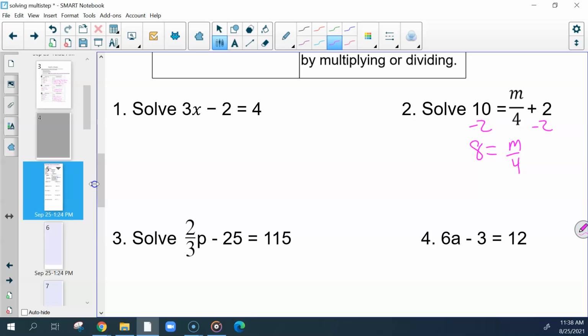And how would I get m by itself now? Multiply both sides by 4. These 4s cancel, and you're left with, what is that, 32? Yes.